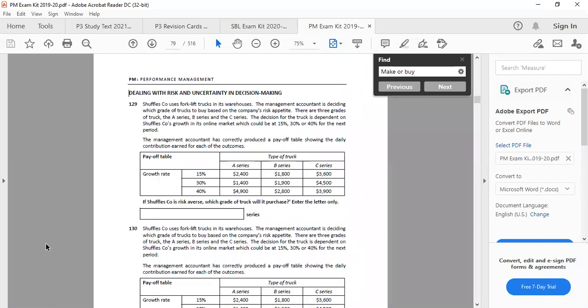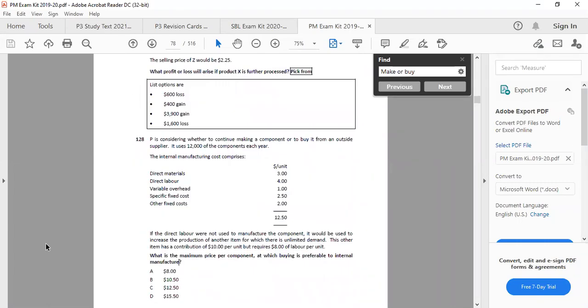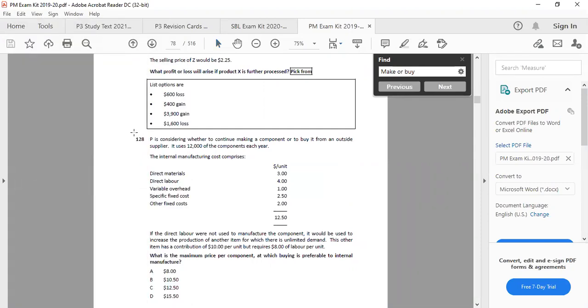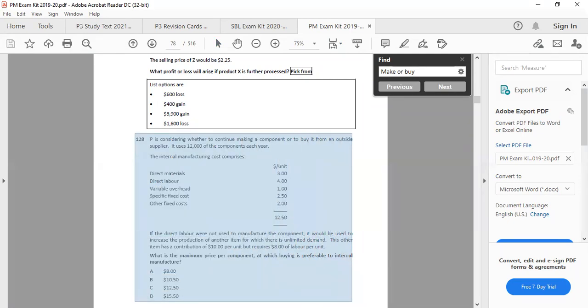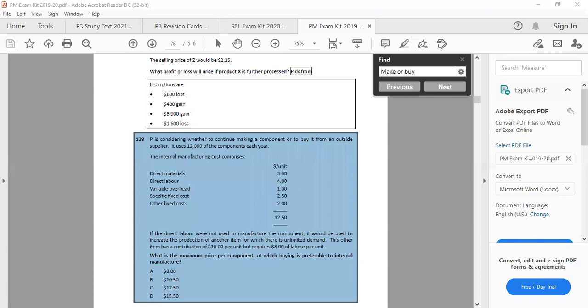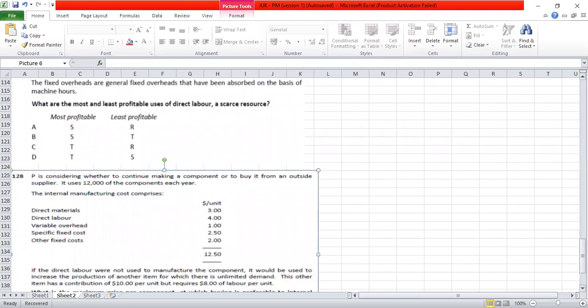See, under make or buy there's one question, question number 128, which is suitable for this particular scenario. Question number 128.